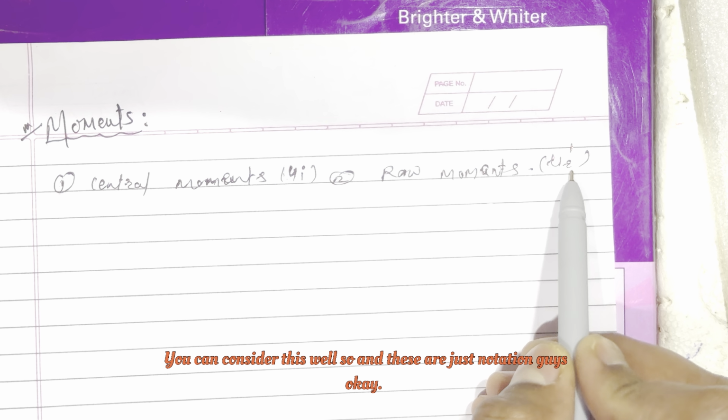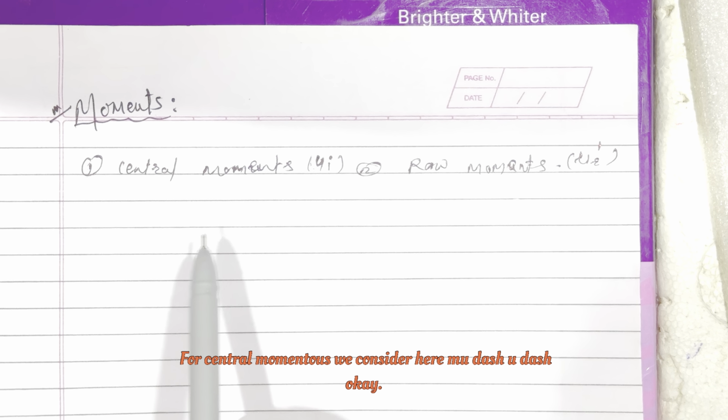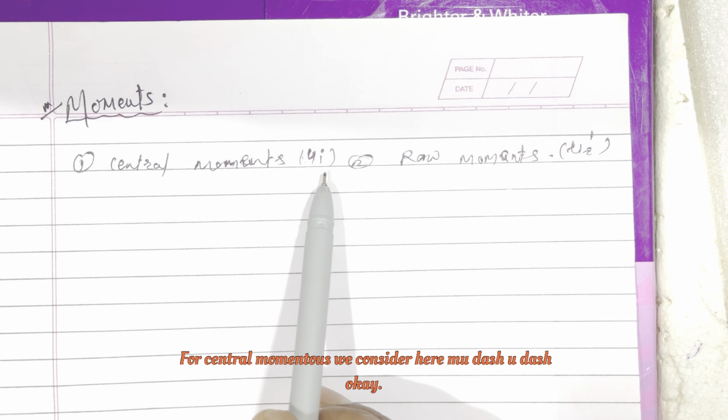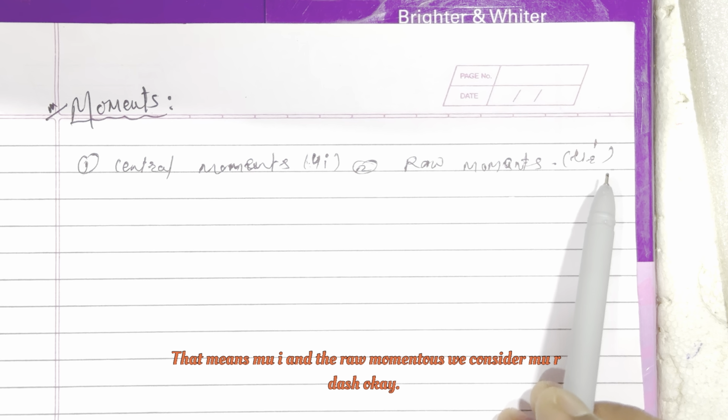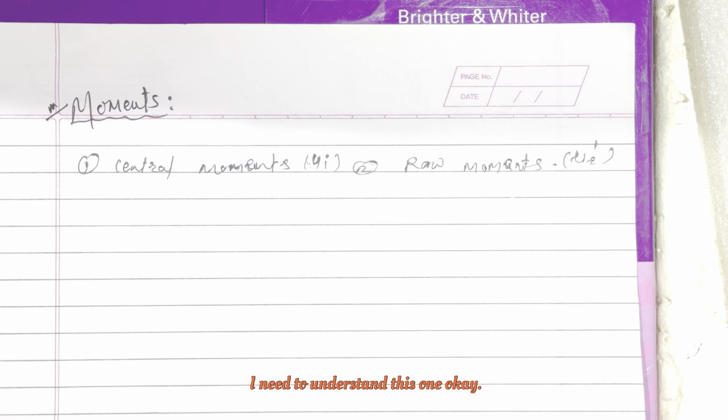You can consider any variable; these are just notations. For the central moment we consider mu i, and for the raw moment we consider mu r dash.